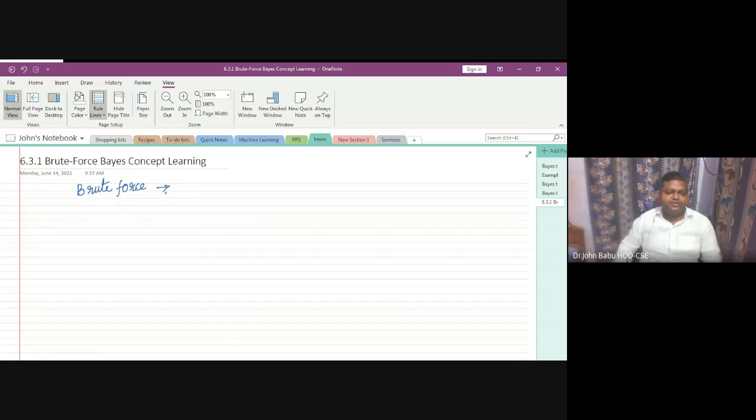Brute force method means without using any of those techniques, just going on searching all the students in the college, without considering branch, girl or boy, day scholar or hostler, or how they come. That is known as brute force method.